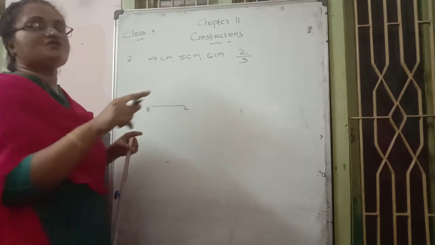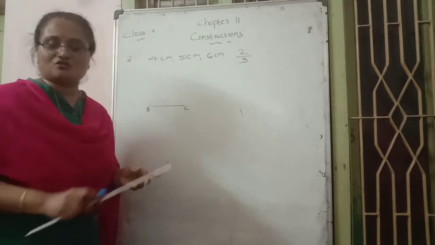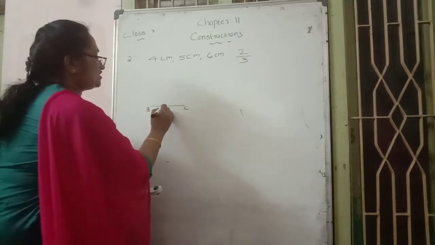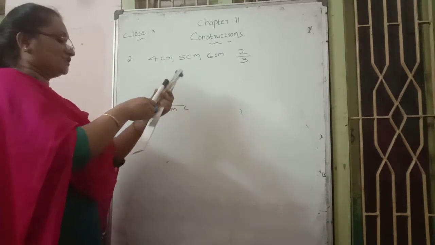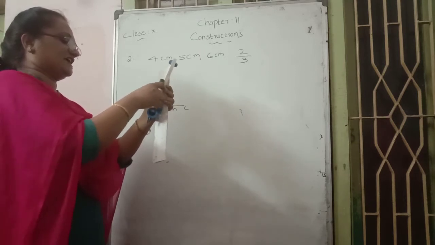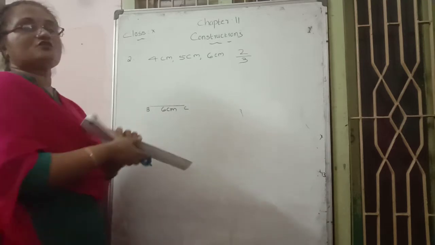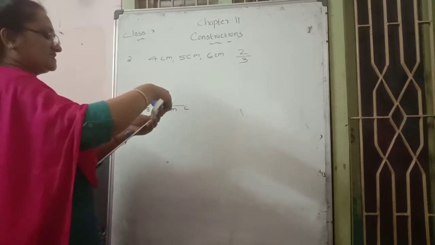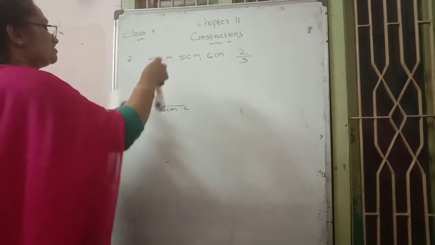Then our next aim is to construct point A. How to construct point A? Take out your compass. Here B to C distance is 6 centimeter. Then AB distance we take as 4 centimeter. Here the next measurement is how much? 6 is completed. Next is 4. Using the scale and compass, measure 4 centimeter, 0 to 4 centimeter.